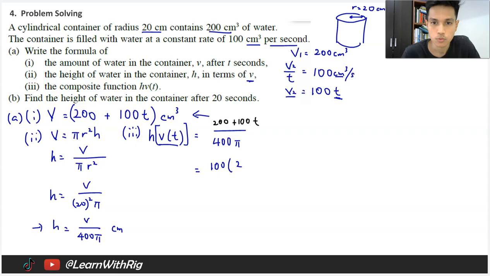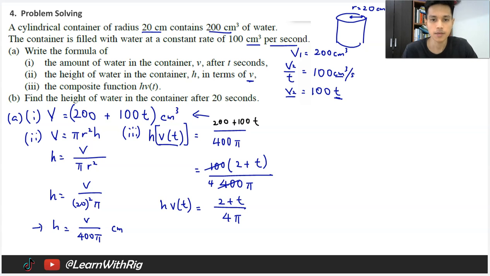You get 2 plus t over 400 pi. Simplify this, you get 2 plus t over 4 pi. Okay, so this is your h(V(t)). Actually it's the same as h(t) because it's just the equation of h but in terms of time. So h(t), you can also write it that way.